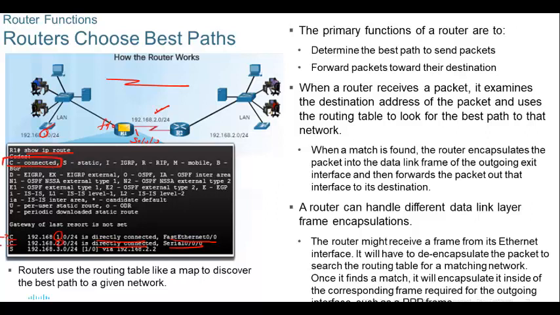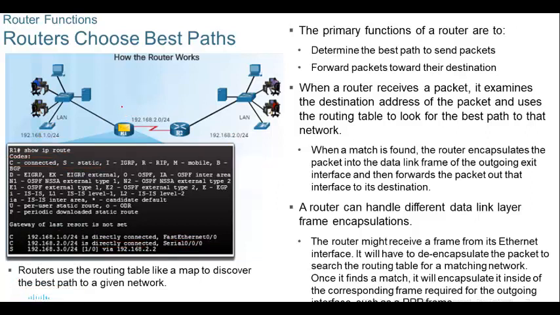In order to go to 3, I told you this is not 2, this is 3. Router 1 does not know 3 because router 1 is not connected directly to 192.168.3. So the administrator writes a static route. The administrator tells the router, if you receive any packet for this network, you just send it to this address.